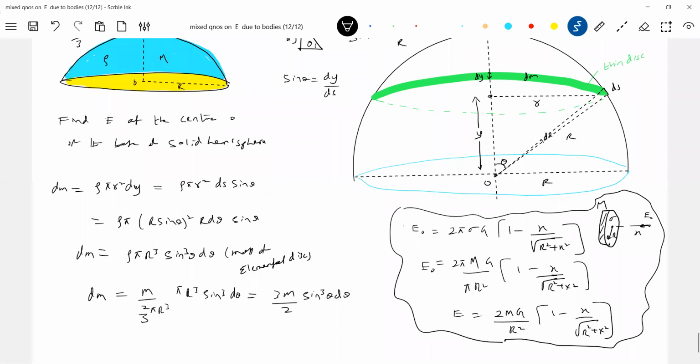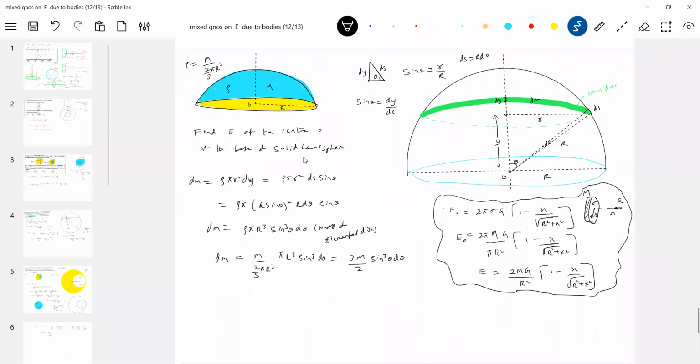There's no other way. You have to put some pressure on your mind to accept this one. So now dE naught should be equal to 2 dm G, what is the radius of that? r square, 1 minus y by root of r square plus y square.